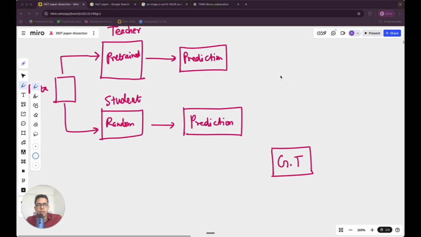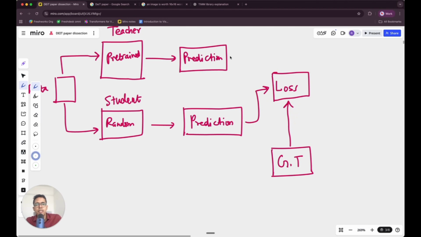Now, to construct the loss function, you consider a few things. The loss is constructed by comparing the ground truth against the student's prediction, but the teacher's prediction should also come into the picture.